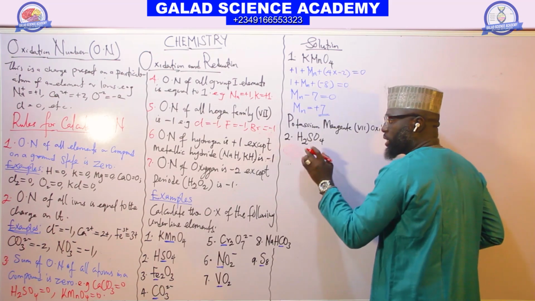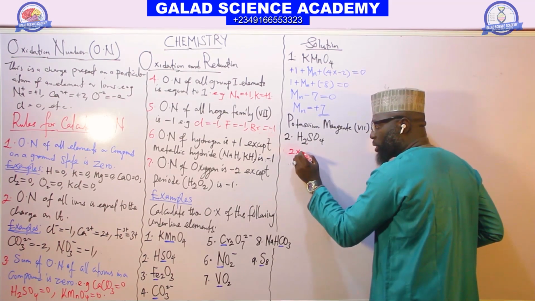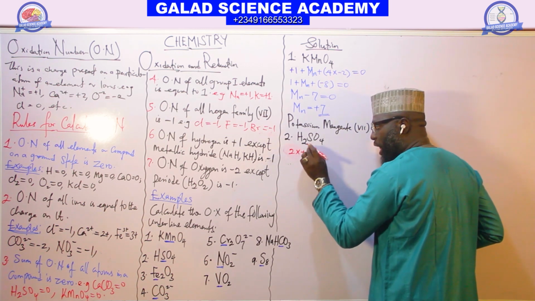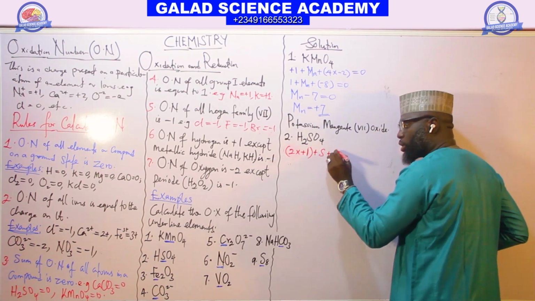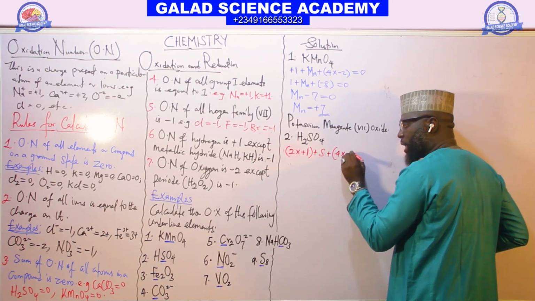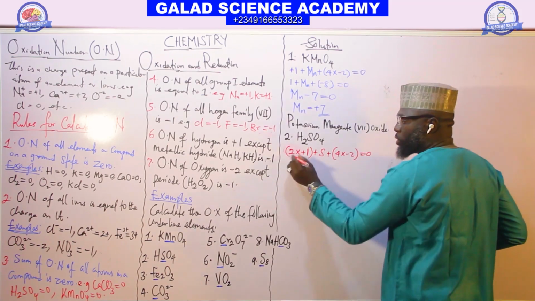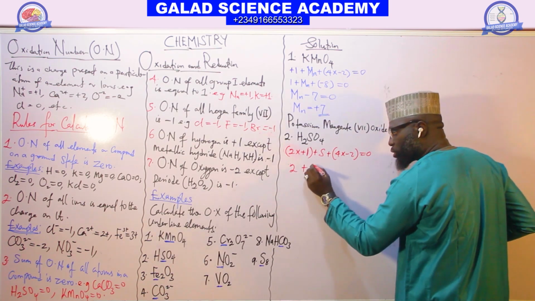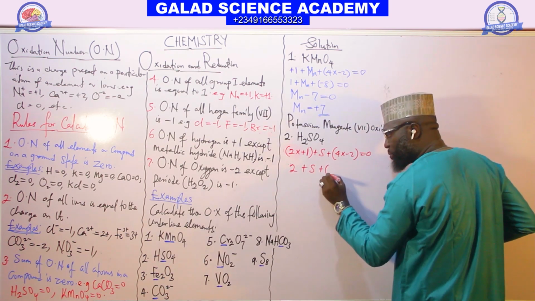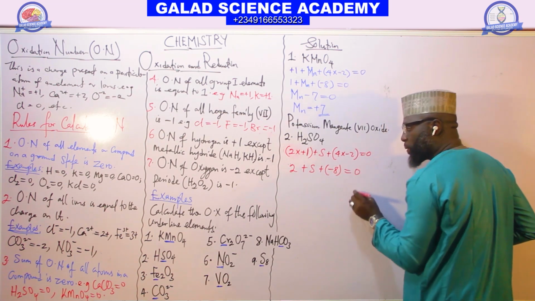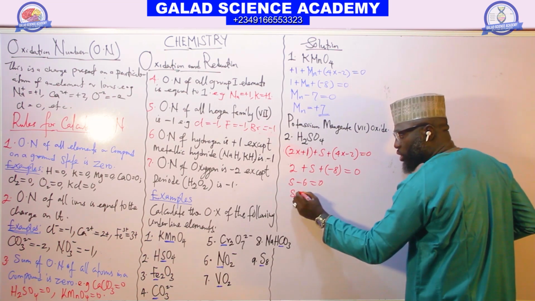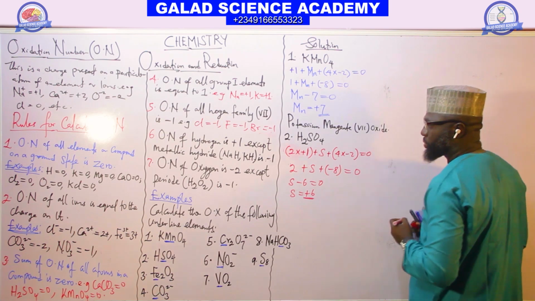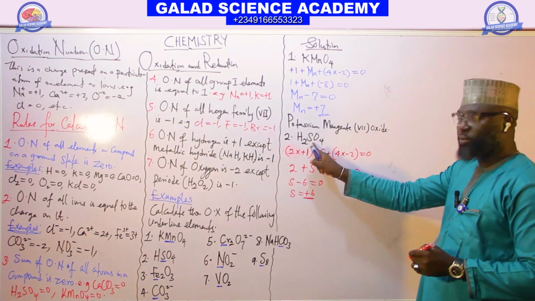Hydrogen is +1, but there are 2, so 2 multiplied by +1 of hydrogen, plus sulfur, which is unknown, plus oxygen is -2, 4 multiplied by -2, everything equal to 0. 2 times 1 gives 2, plus sulfur, minus 8 equal to 0. Minus 8 plus 2 gives minus 6, so sulfur is +6.